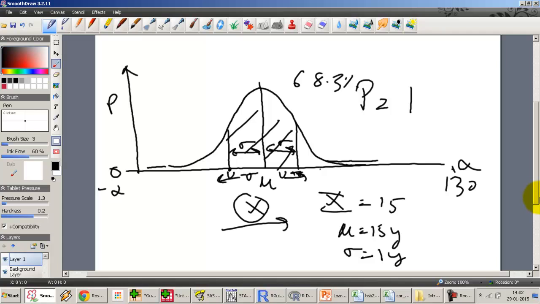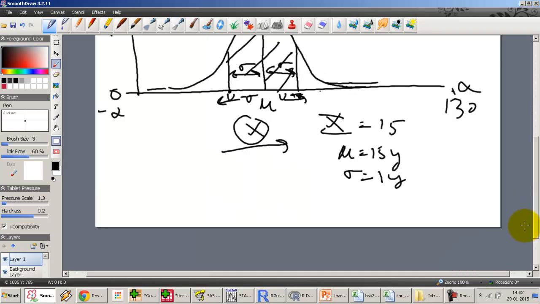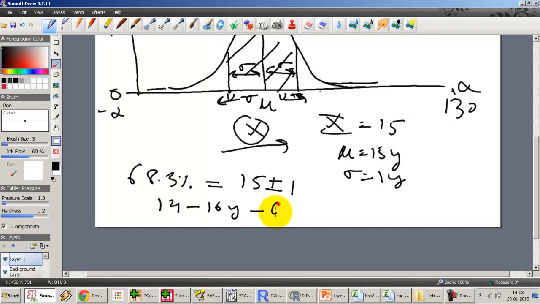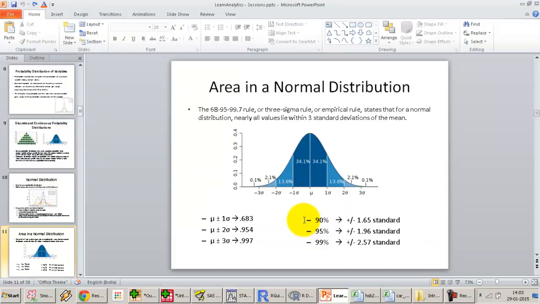Assuming that this data set follows a normal distribution, it essentially tells me that 68.3% of all class 10 students will lie in the age range of 15 plus minus one standard deviation, which is 1 year. So therefore I get the confidence interval of 14 to 16 years, which accounts for 68.3% of all the students.